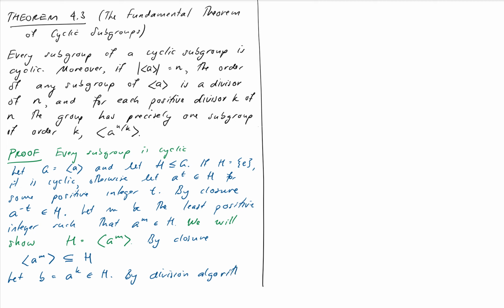And remember, the division algorithm lets me turn a number into something smaller than that thing. So by the division algorithm, k is equal to qm plus r for some q and r in Z, with, in particular, 0 ≤ r < m. And again, like we've used it in the past, the idea here is going to be to show that r has to be equal to 0.